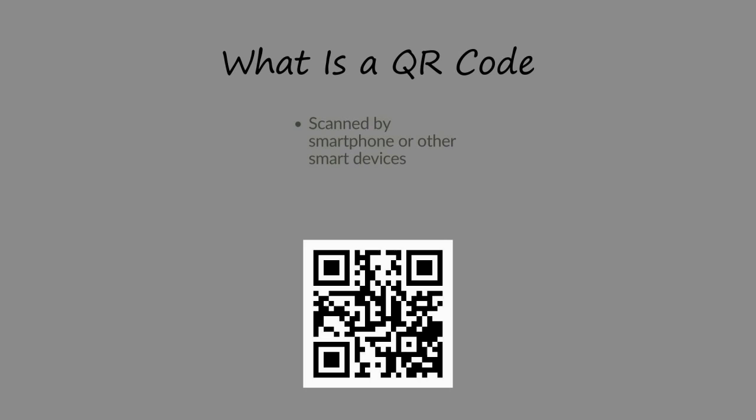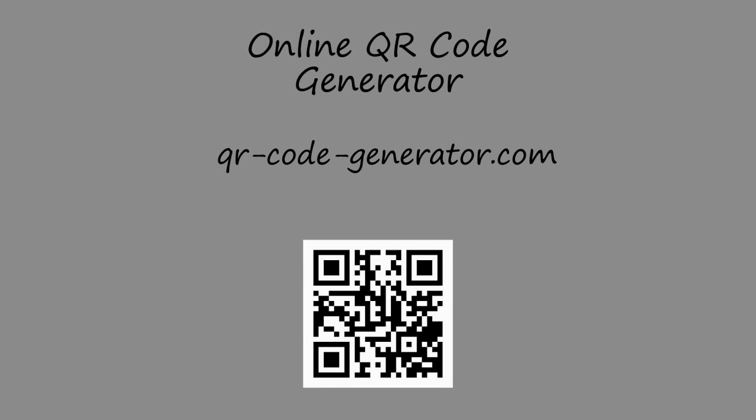These codes are usually accessed with a smartphone or some other type of imaging device, and the camera will scan the code and then direct the viewer to wherever the code originator or code creator wishes them to go to. So now that we know what QR codes are, let's go ahead and get started in creating them.